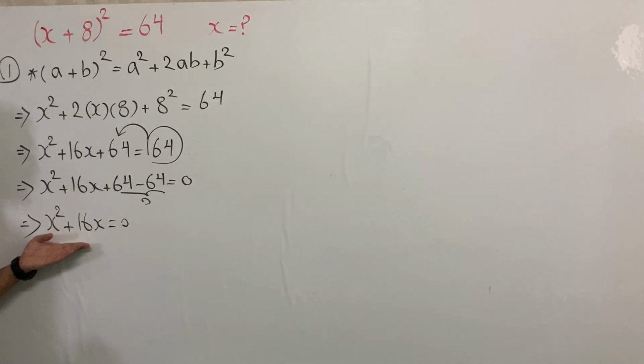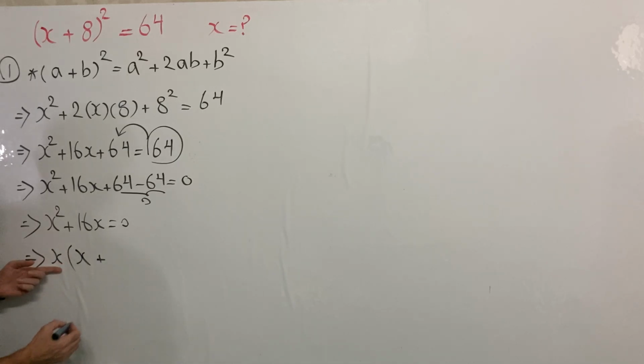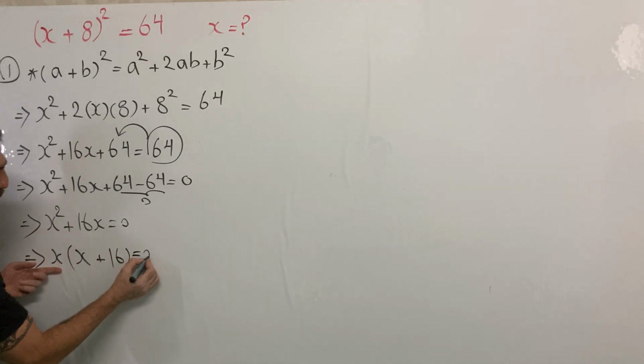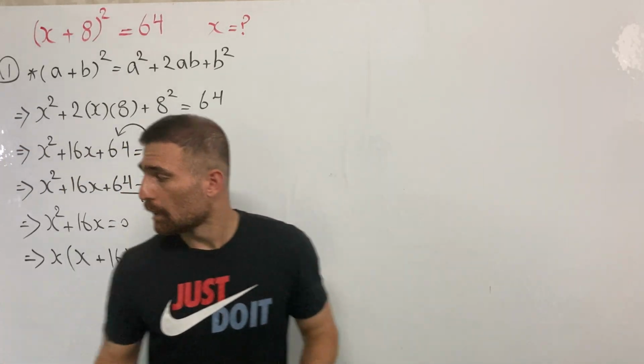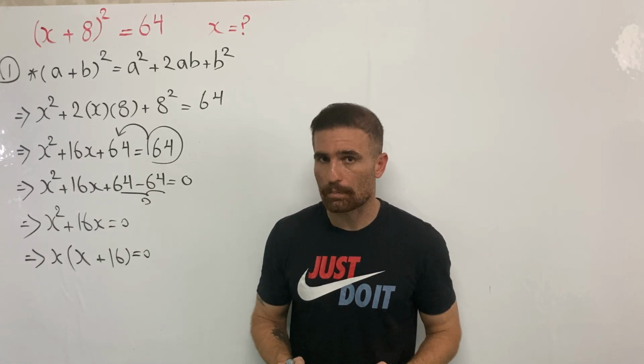Now I'm going to use factorization to solve this quadratic equation. What is the common factor between these two terms? x. Right. Let's factor x out. x squared divided by x is x, plus 16x divided by x is 16, equals 0. Remember, if the product of two factors is 0, at least one of them must be 0.